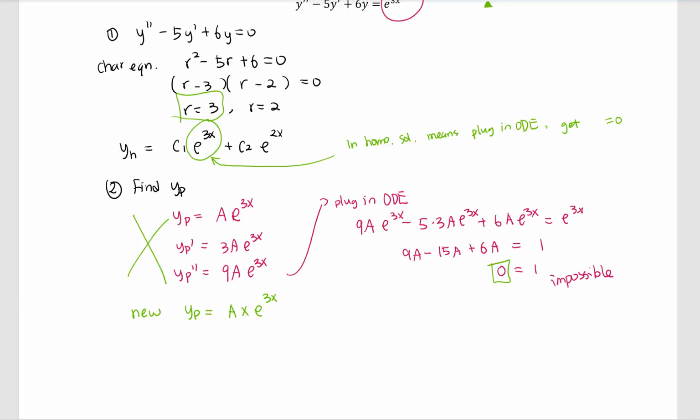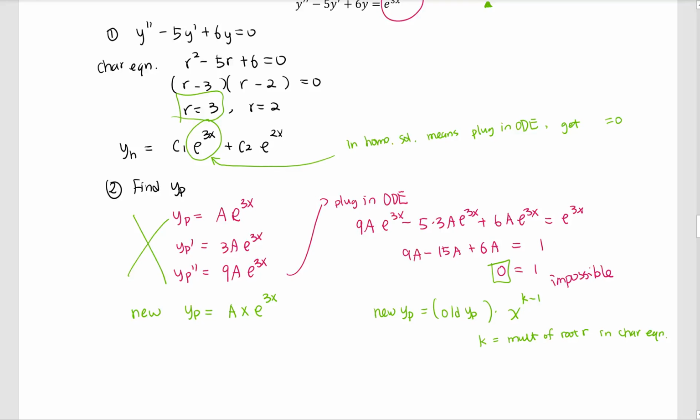So the theory is your new yp is your original yp multiplied by x to the k, where k is the multiplicity of the root r in the characteristic equation. The multiplicity of r in our characteristic equation is 1.